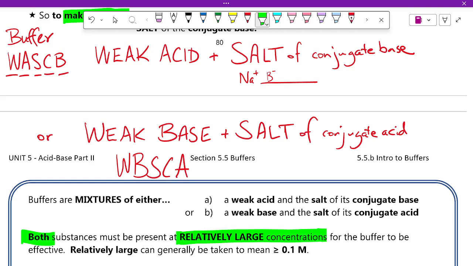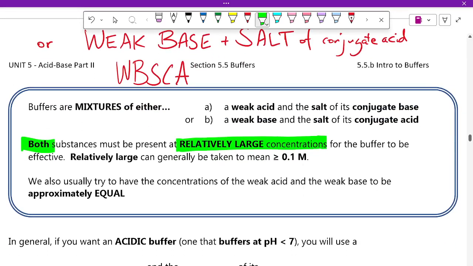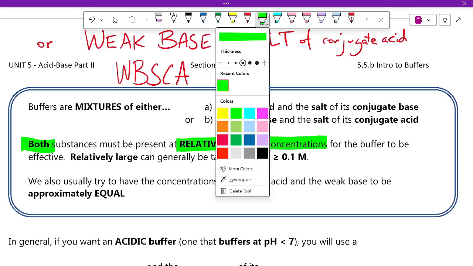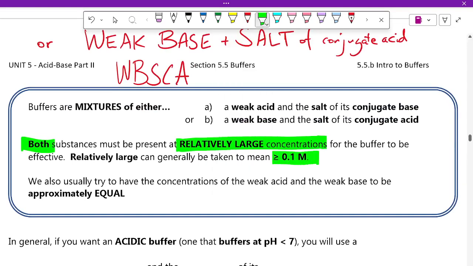Okay. Relatively large, greater than or equal to 0.1. Don't worry about it too much. It'll be obvious. It'll be somewhere in the multiple choice and it'll have concentrations like 0.0001 or 1. And you'll be like, ooh, that one, right? It'll be comparatively obvious.